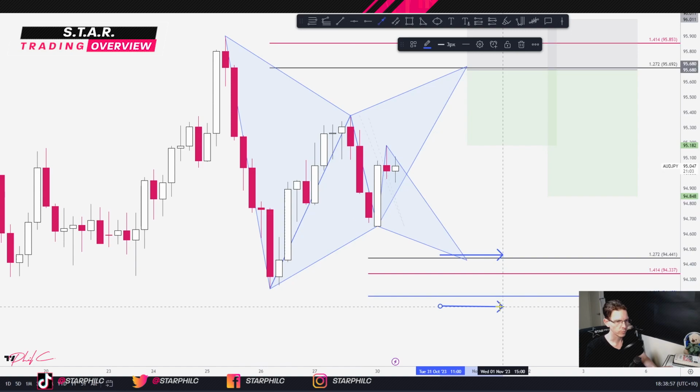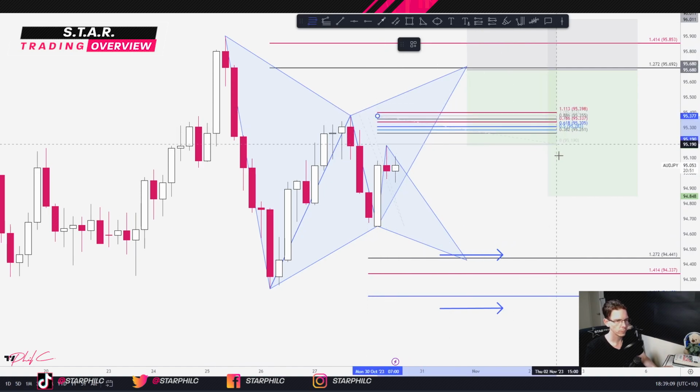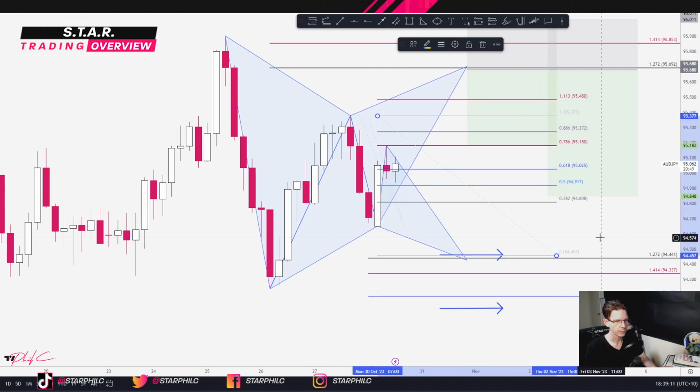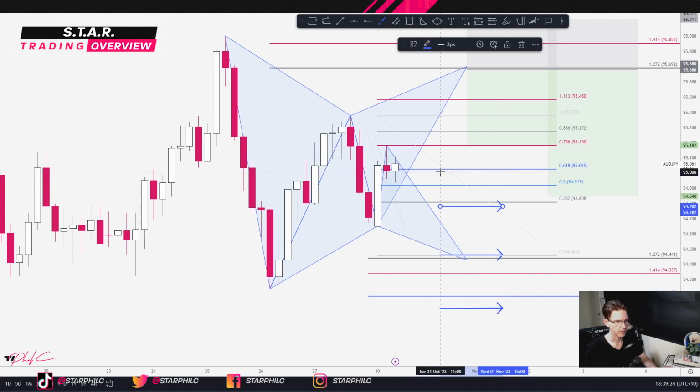So stop placement will go right there, below the X point of the pattern, and targets it is exactly the same, a Fibonacci retracement from A all the way down to D, right there.